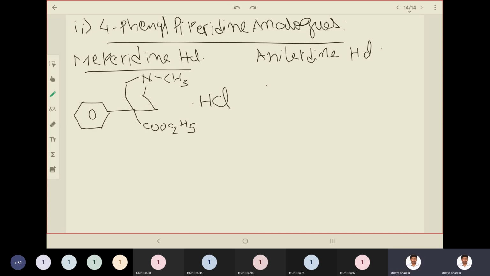A phenyl group having NH2 directly attached to it. That is aniline. With the help of an ethyl link, it is attached to piperidine. That is the reason for the name.